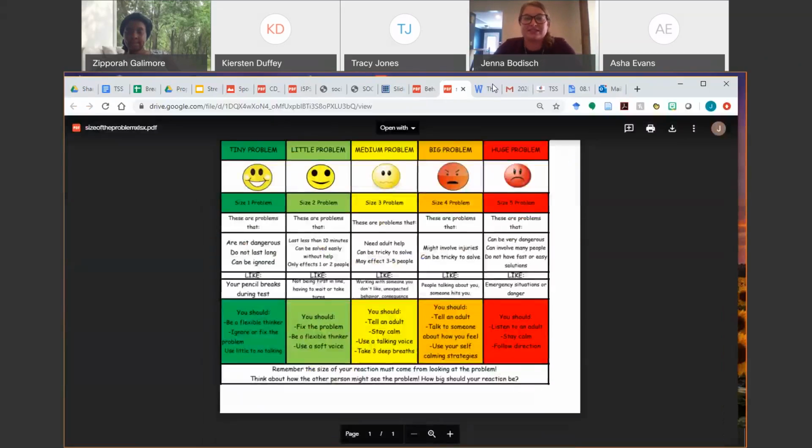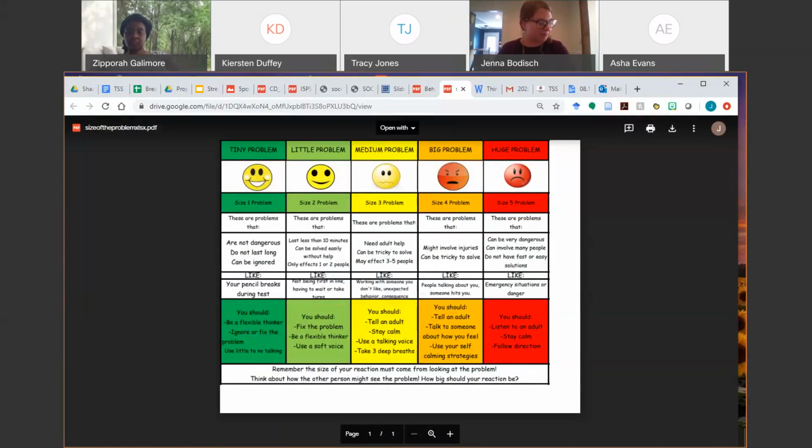And then we have the size of the problem. So the size of the problem, I want to be mindful here. It can be helpful to lay these out and what might be the socially acceptable response for a problem that you see in your situation.